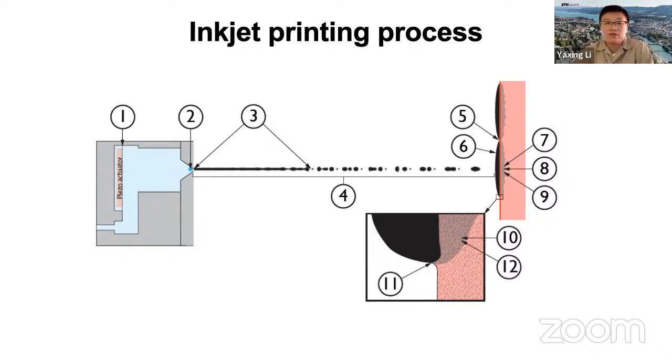So you have droplets jetted out by the print head. How do they break up, being really prone to instability? How do they fly? How do they impact with the substrate? How do they coalesce with each other? How do they penetrate into the substrate? And what I was studying was step number 6, the evaporation.